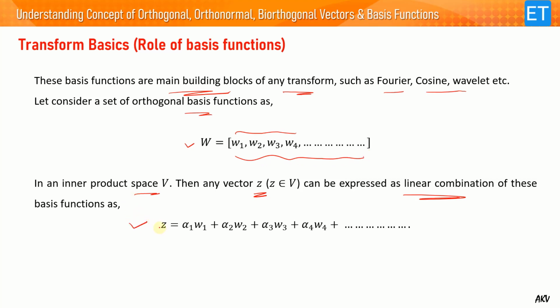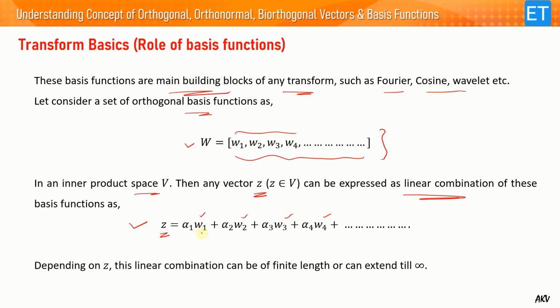Okay, so any vector Z can be expressed in the form of these orthonormal basis functions as a linear combination. So all alphas are actually the coefficients, while the W's are your orthonormal basis functions. Okay, so depending on the Z, this linear combination can be finite and can extend till infinity.